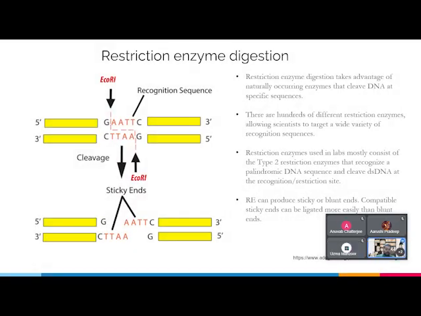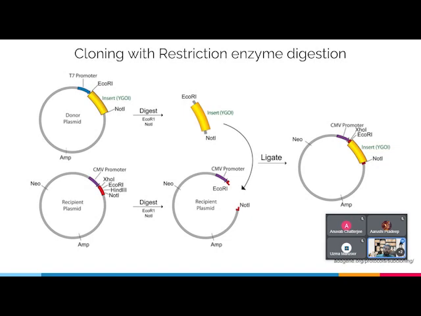So that was the restriction enzyme digestion, and now we will look into cloning with restriction enzyme digestion. This is something that I just drew to you. What we have is a particular insert, which is our gene of interest. And what we do is that we digest it with two separate enzymes, which in this case are EcoRI and NotI, which will give us an insert fragment which looks something like this.